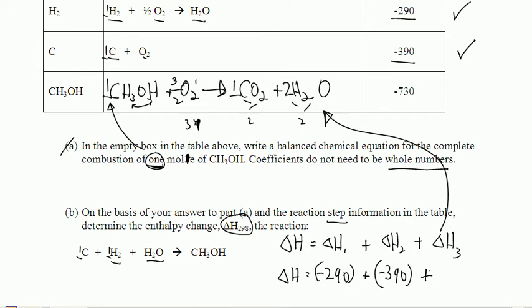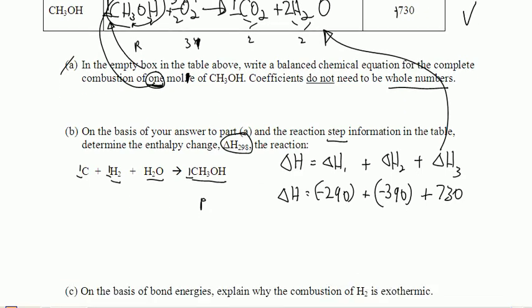This reaction has methanol exclusive to it, which is also present here. We have 1 mole of methanol here and we have 1 mole of methanol here. Notice they walked you into that by telling you to keep it as 1 mole. Methanol is a product here and methanol is a reactant here, so we're going to have to flip the sign. We're going to flip it to 730 and we are going to add all of these values up.